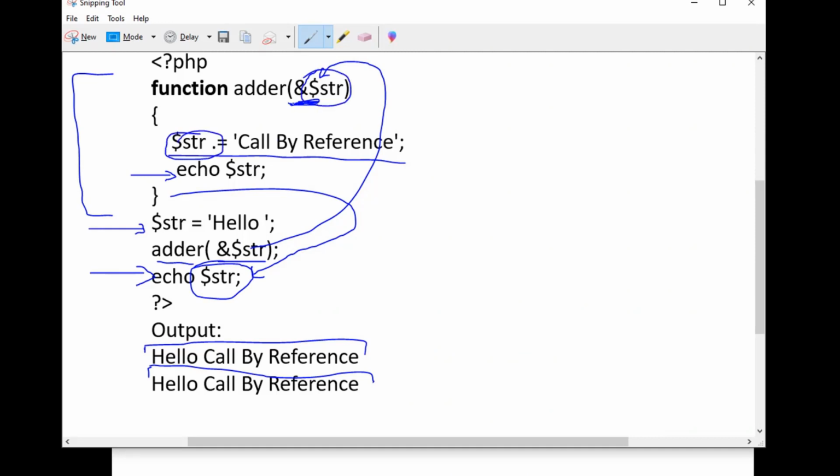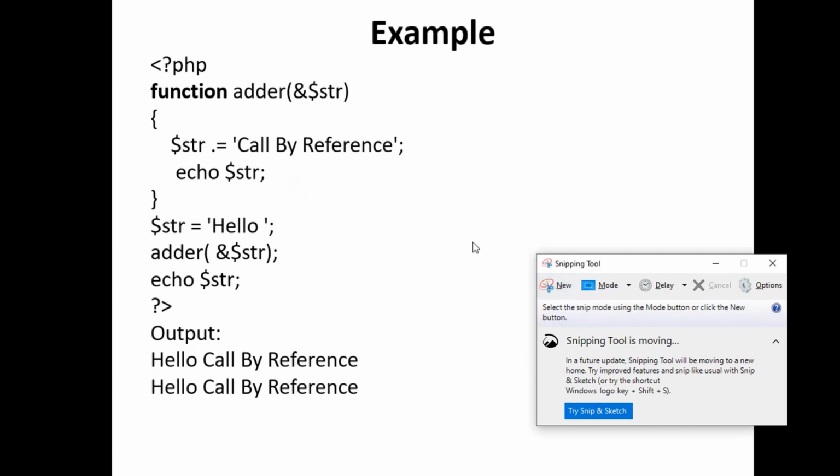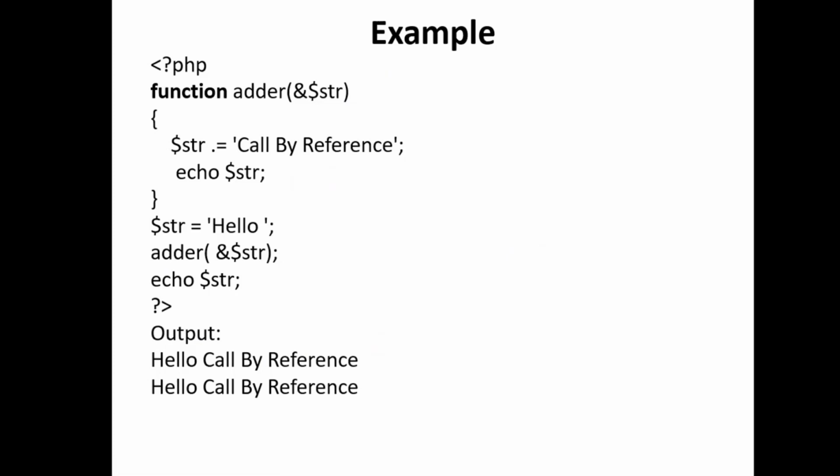Since we have used ampersand, it is call by reference, and it is pointing to the same memory location where the complete string is stored. The string has been modified at the memory location, not as a local variable. Concatenation is done, so that's why we are getting the complete string as an output everywhere inside the program. So this is call by reference.